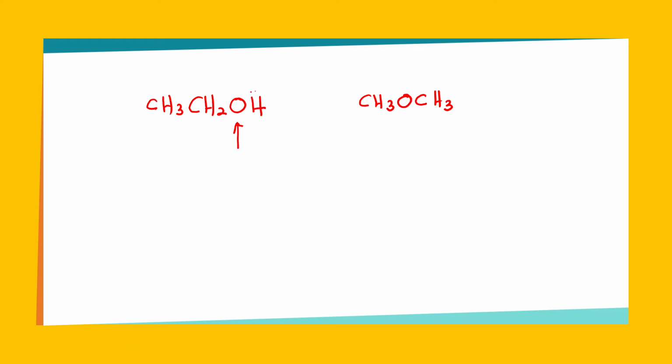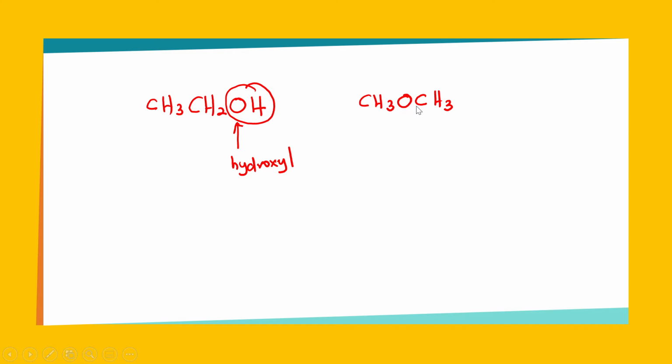So the functional group here is hydroxyl, because we have O, and next to the oxygen is hydrogen. For the second one, we have O, and next to the oxygen is carbon on this side and also carbon on this side.